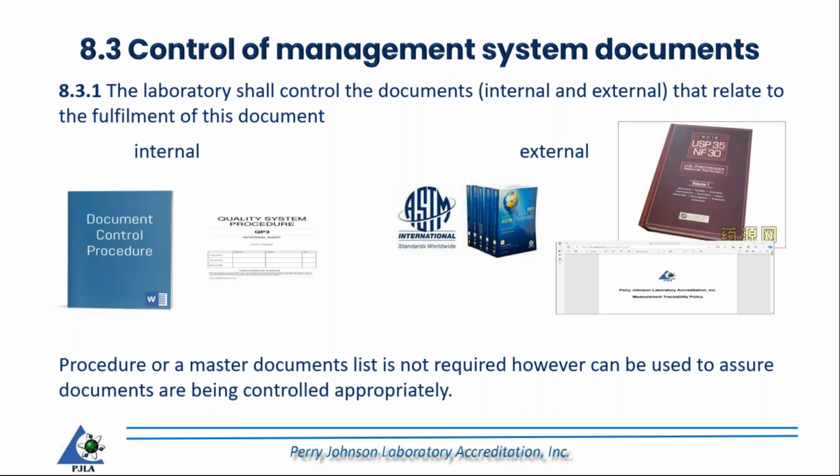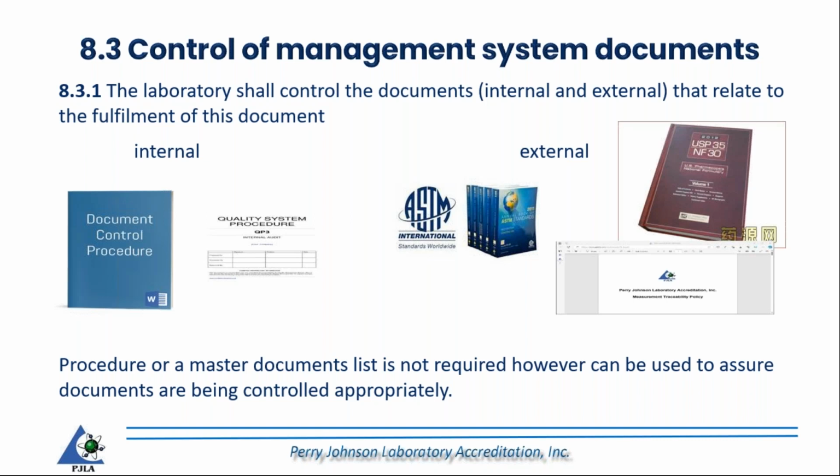It also includes external documents. These are things you bring from the outside world in that you utilize, perhaps for your testing or calibration protocol. You've adopted procedures that can be based on things such as the USP, ASTM, ISO standards. I also have listed our policies as a sample of an external document.